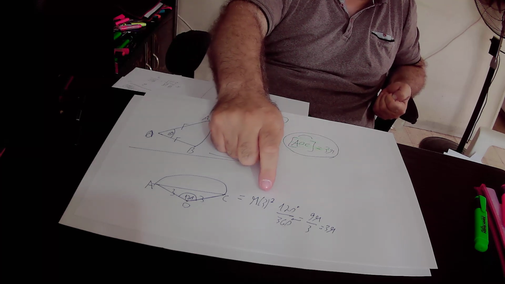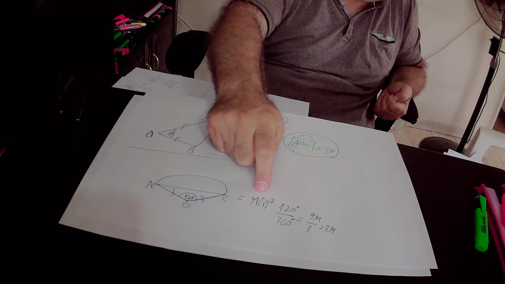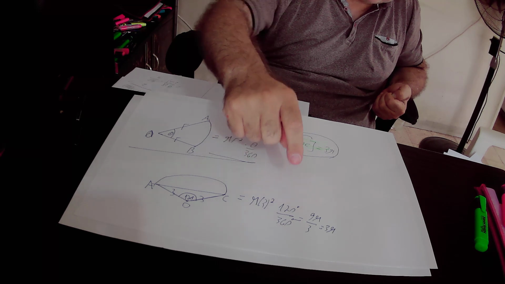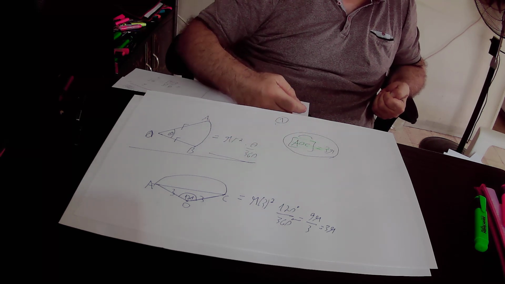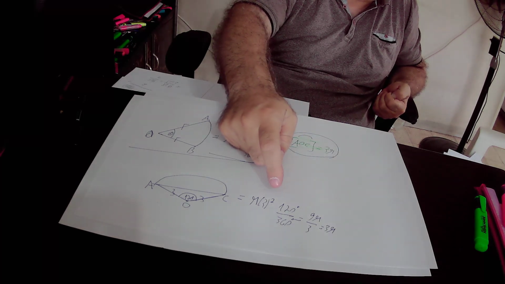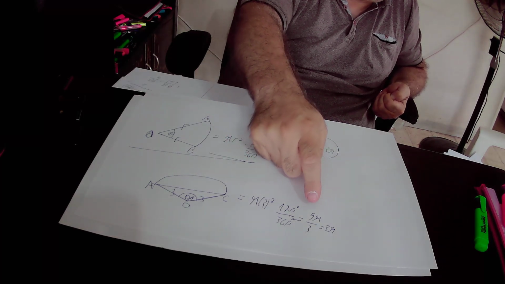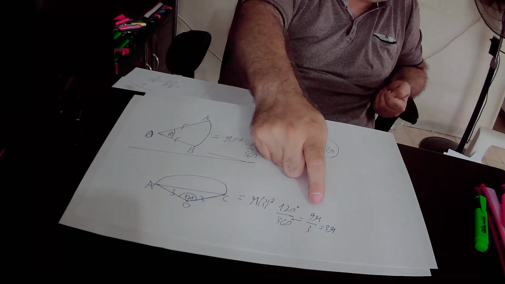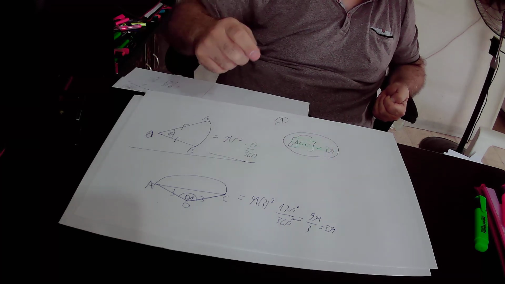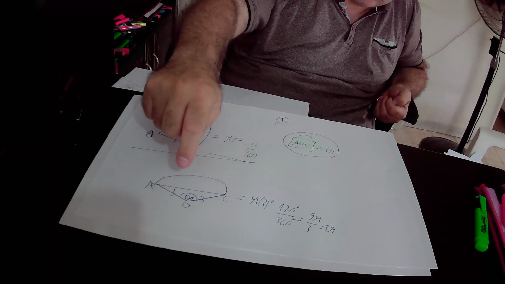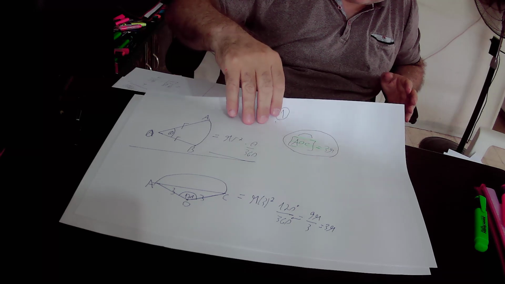Pi 3 squared is 9 pi, so this expression in total equals 9 pi. 120 degrees over 360 degrees is 1/3. So here we get that this expression in total equals 9 pi over 3. 9 over 3 is 3, so this expression in total equals 3 pi. So we found out that the area of this sector AOC equals 3 pi square units.